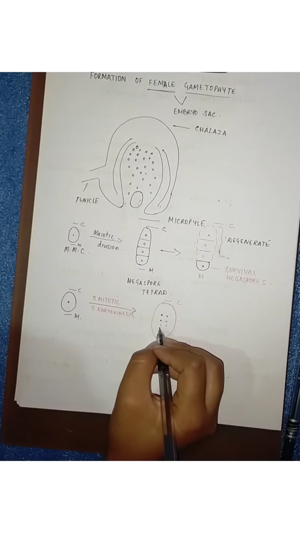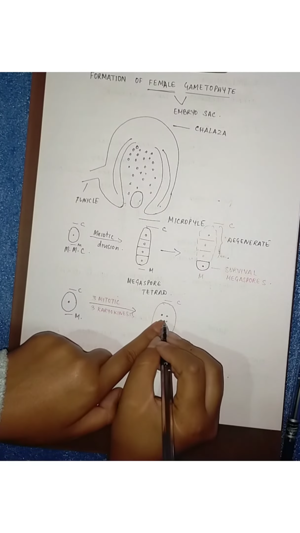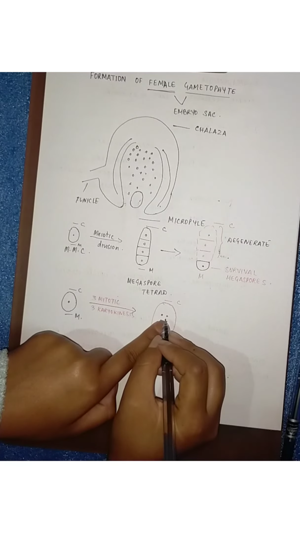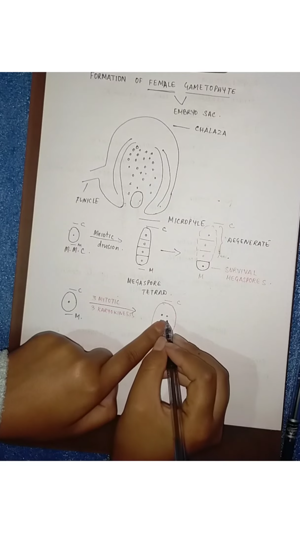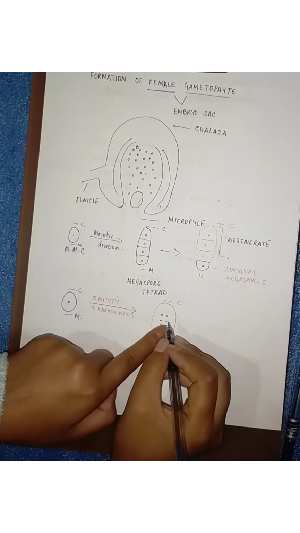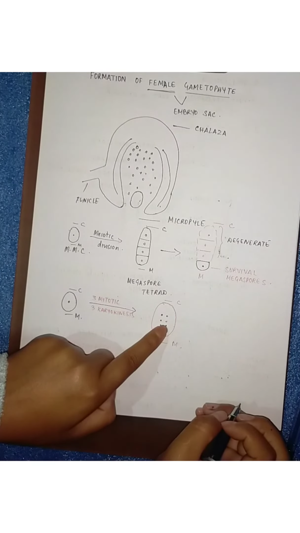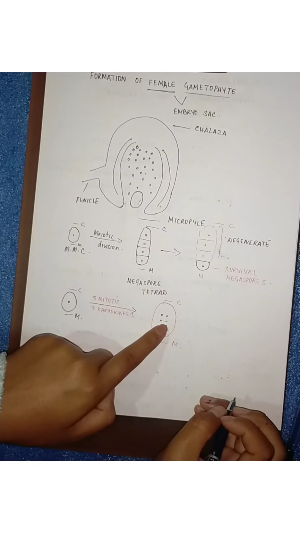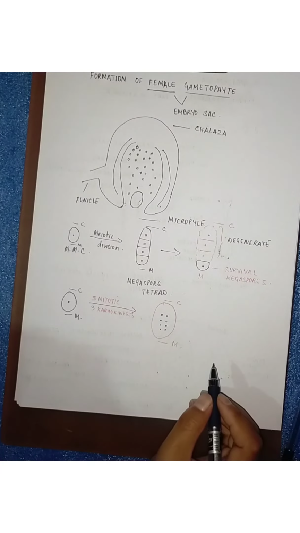And third, it will give 8. So one mitotic division results in 2 cells. In the second mitotic division, from 2 cells it results in 4. And in the third mitotic division, from 4 cells it results in 8.